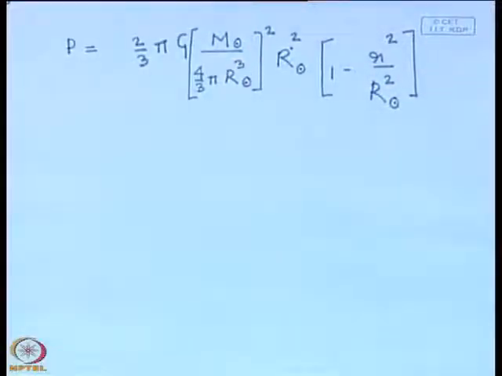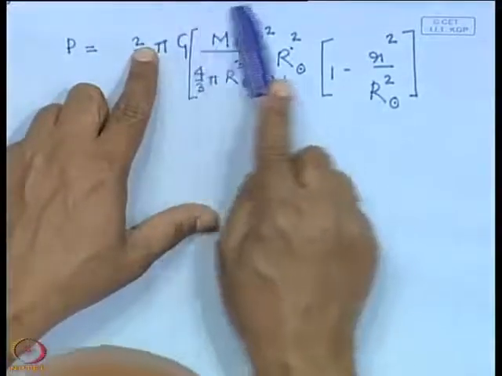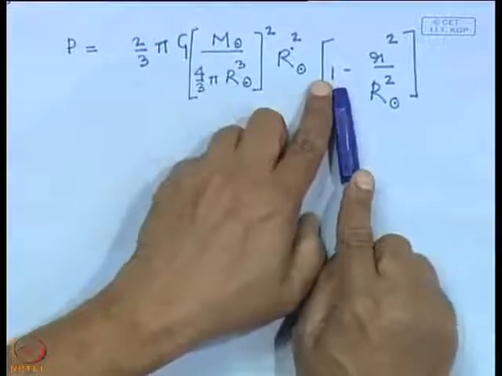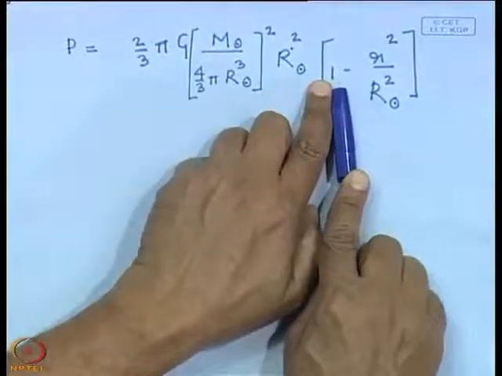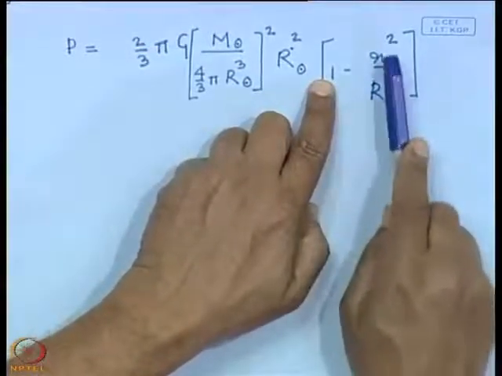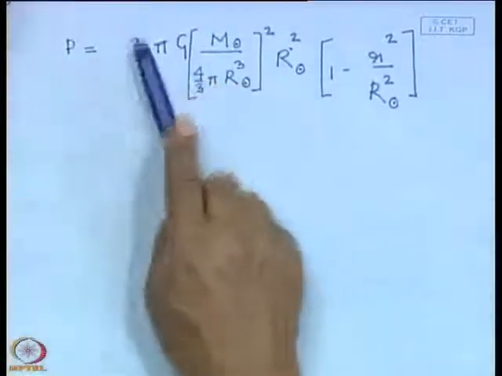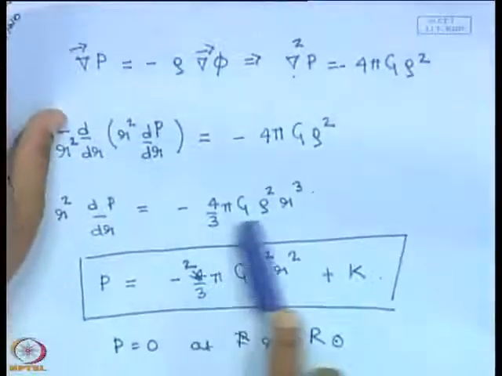So this is the pressure inside the sun. You can see that all of this into 1 is the constant of integration, and this term into all of this is essentially just this.